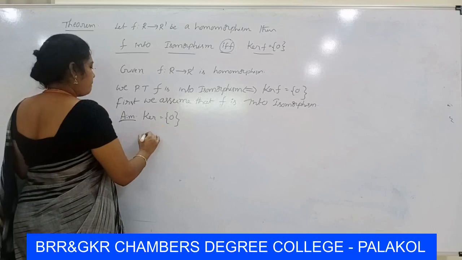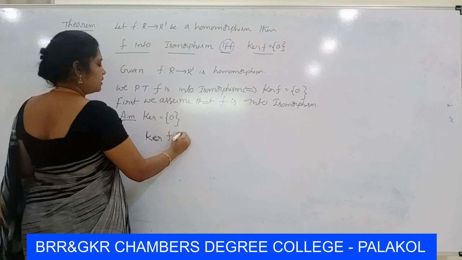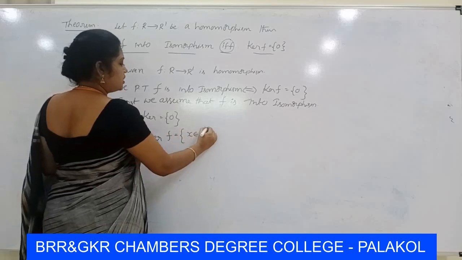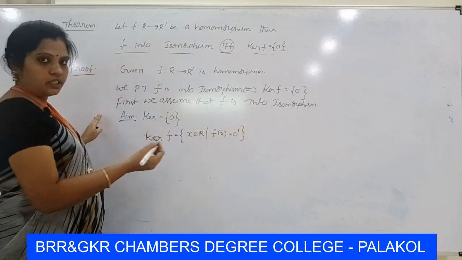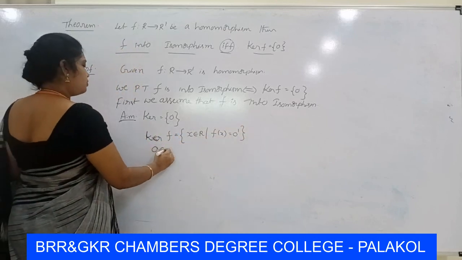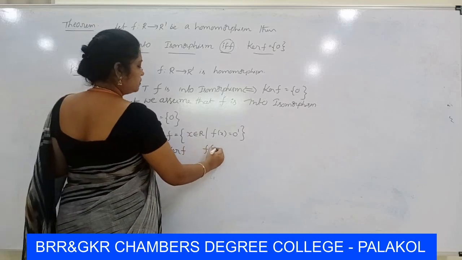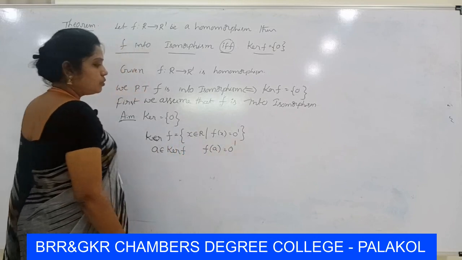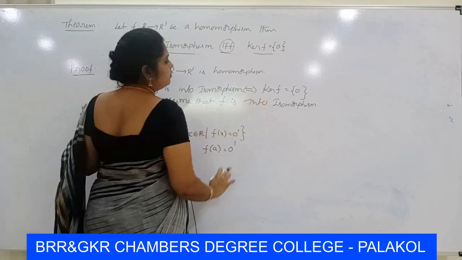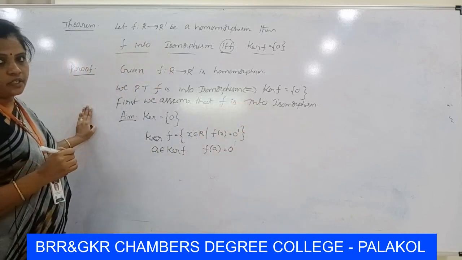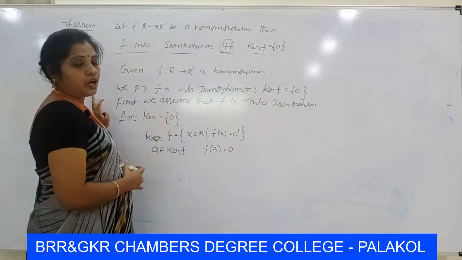Now, by the definition, kernel f is defined as x belongs to R such that f of x equal to 0 dash. If we take any element in kernel f, that is a belongs to kernel f, then its image must be equal to 0 dash. Here f is an into isomorphism, which means it is one-one and a homomorphism.